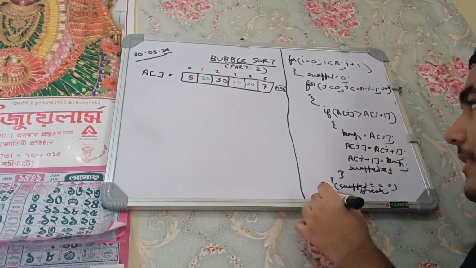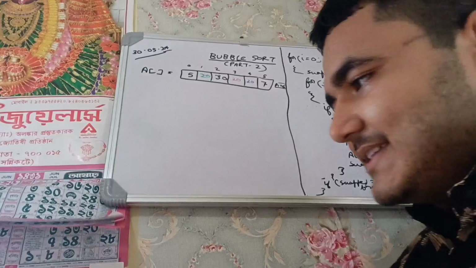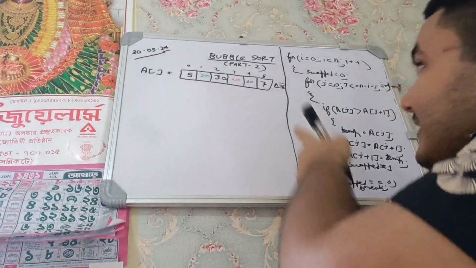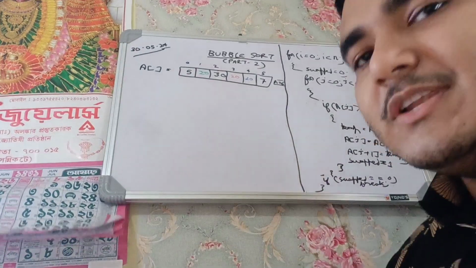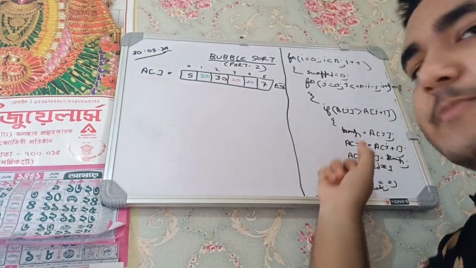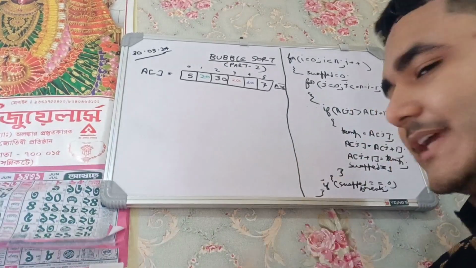Fine. So that is for the best case, right? When the entire array is sorted, only once the j loop will run, so the time complexity is big O of n, because the j loop will be running once and then it will be terminated.